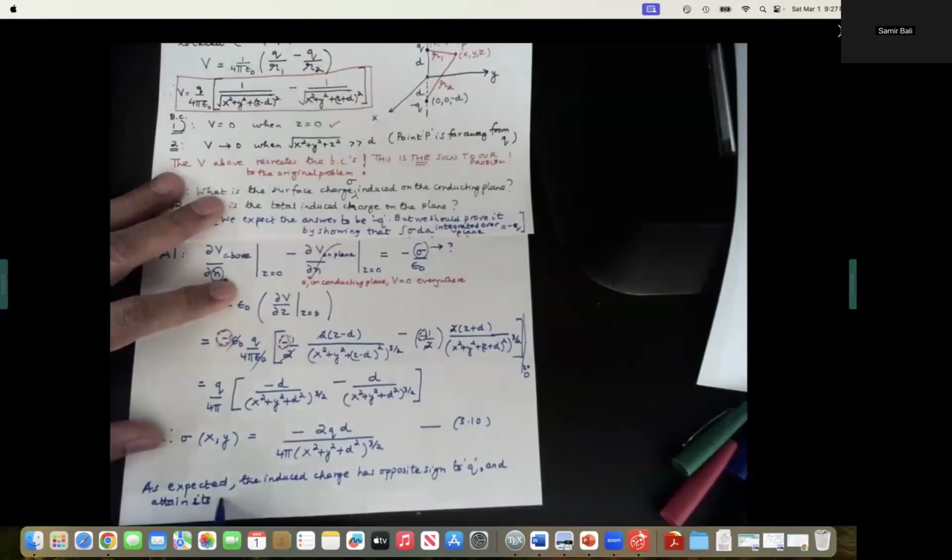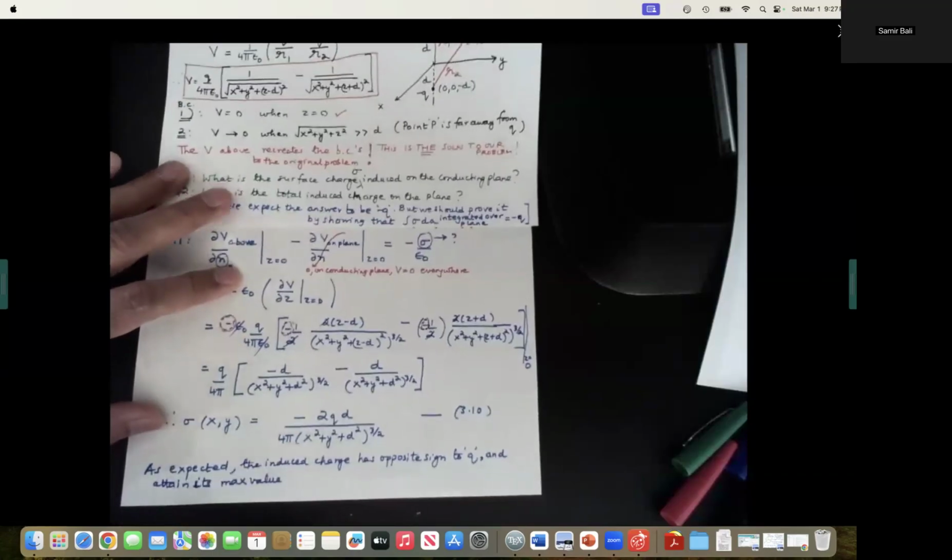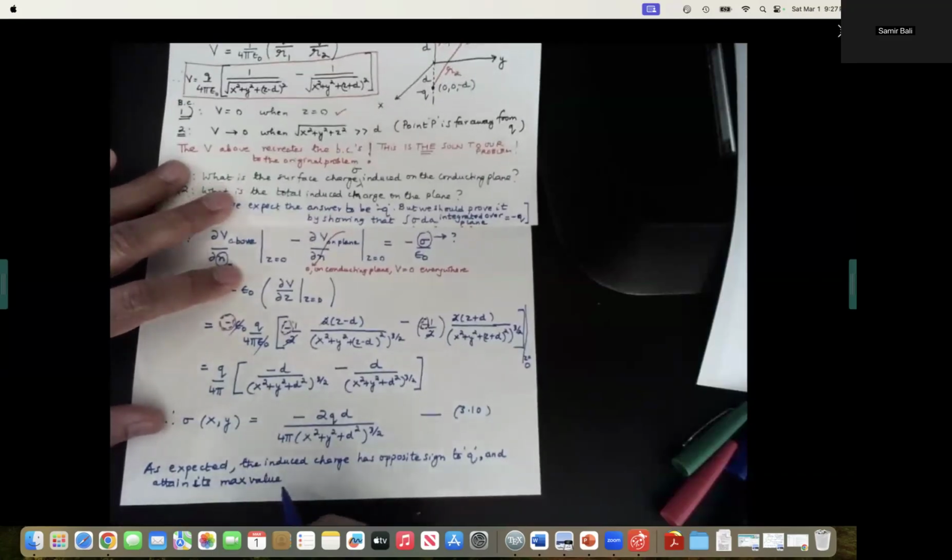Where does it attain its maximum value? When you're closest to the conducting plane. What I meant was it attains its maximum value where the charge is closest to the plane. So at x equals y equals 0.